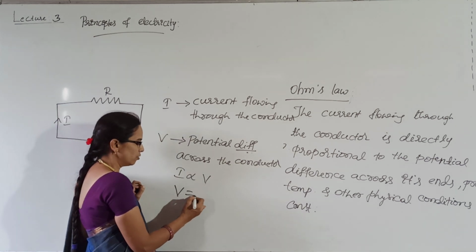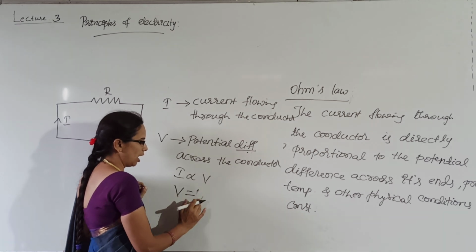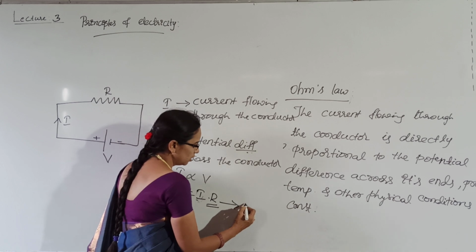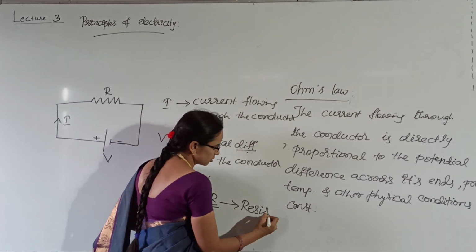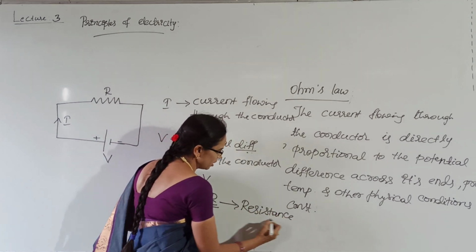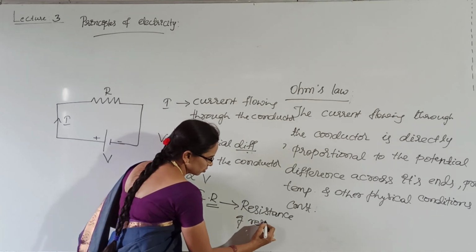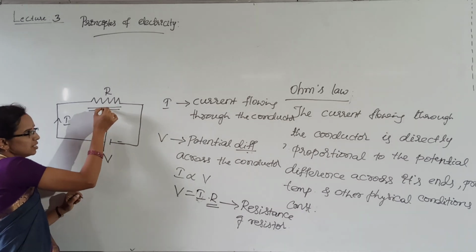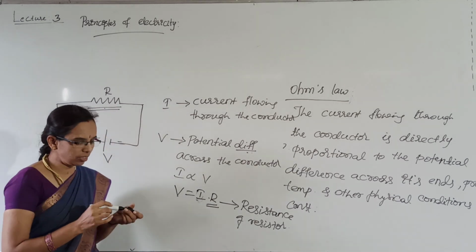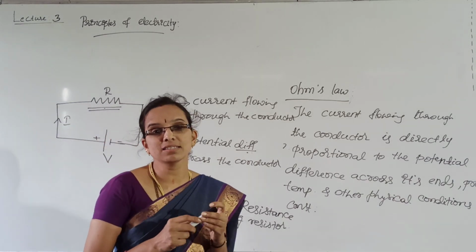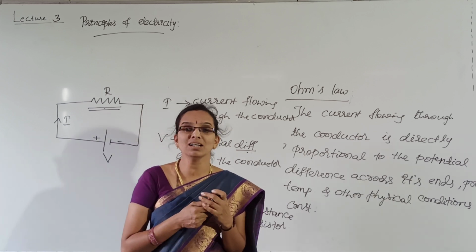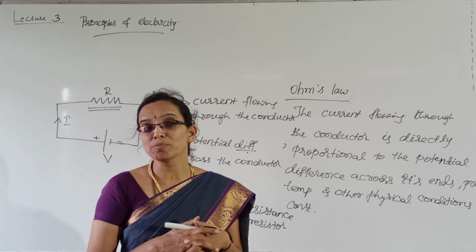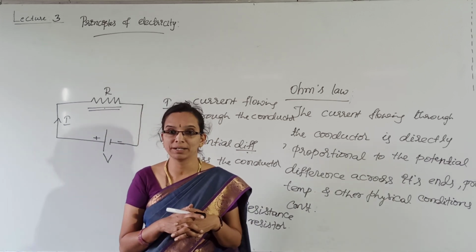Also, you can write V is equal to IR, where R is the resistance of the resistor. This symbol is nothing but the resistance of the conductor or resistor. Resistor is an electronic component which opposes the flow of current.